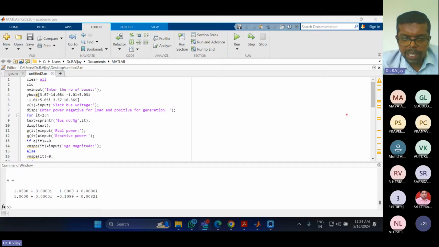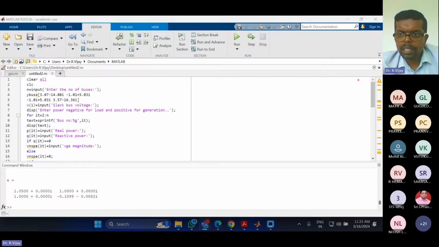At the receiving end, you'll not get exactly 1 plus j0. That is in per unit. You'll get some change in the voltage due to the losses in the transmission line, and also due to the load influence.